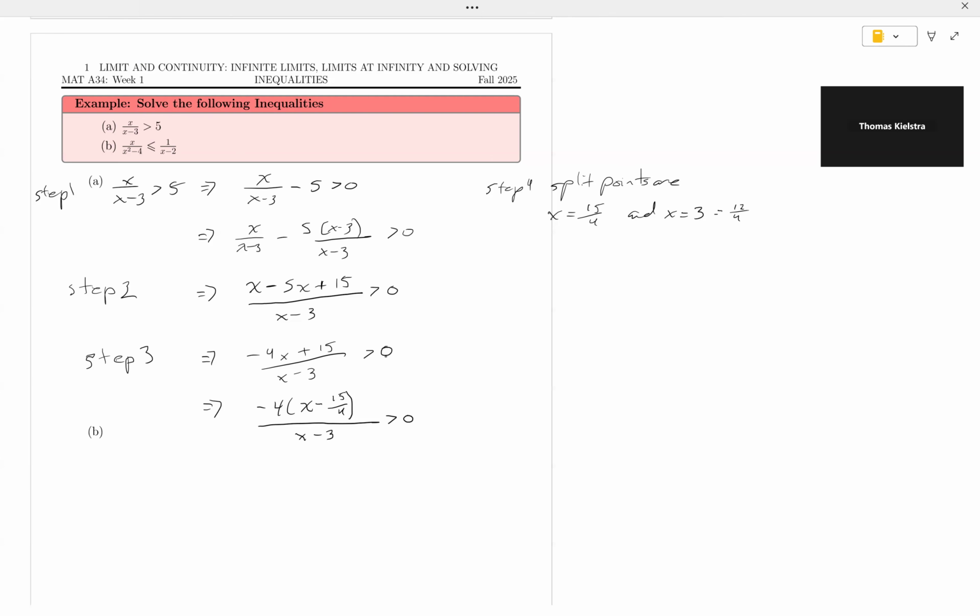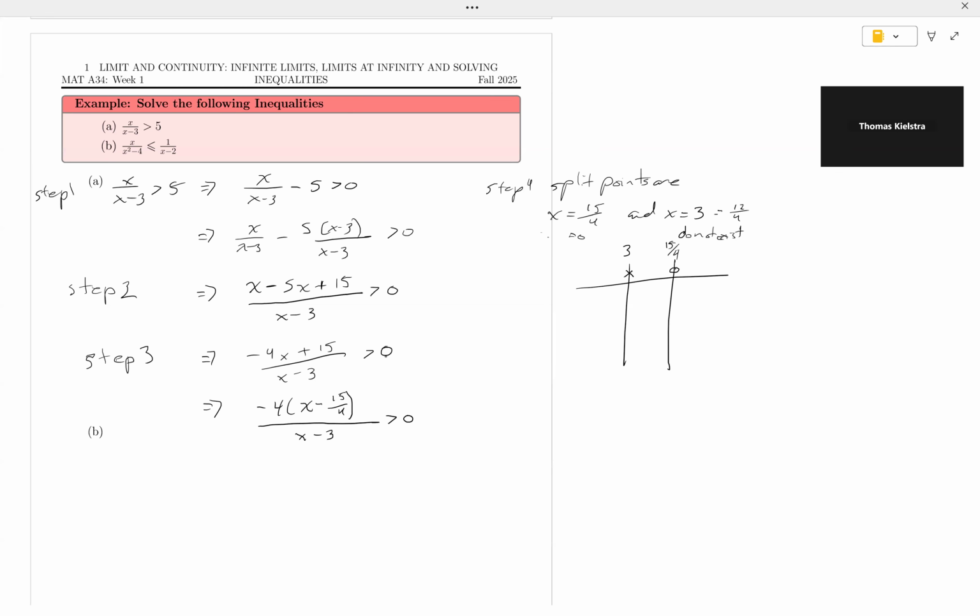Now, at 15 over 4, I equal 0. At 3, I do not exist. So when I create my sign chart, I have 3 and I have 15 over 4. Here, I don't exist. Here, I equal 0.